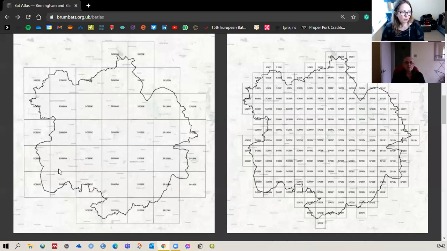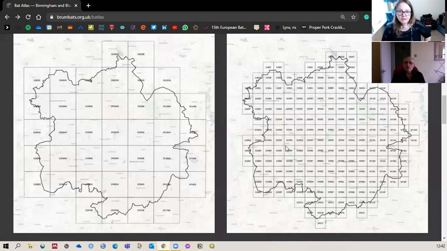And at the end of this year, we'll publish an atlas at 5 kilometer resolution of the distribution of our bats. And then next year, every one of the sites that were recorded this year will be attributed to their tetrad, and then we'll go on to start the Batless at tetrad level, which is 202 tetrads. So we'll have 162 tetrads to do in the following 2 years.